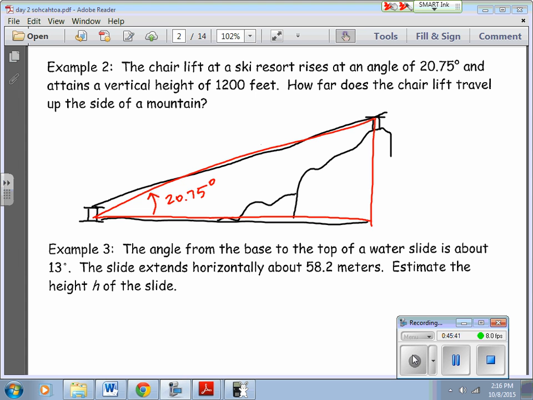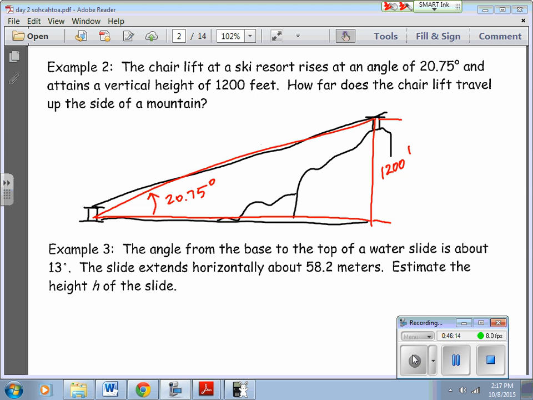And then it says it attains a vertical height of 1,200 feet. That's from the bottom, so look up here, to the top of the mountain, that's 1,200 feet. How far does the chairlift travel up the side of a mountain? So you got to keep in mind a couple of things. So put your pencils down.